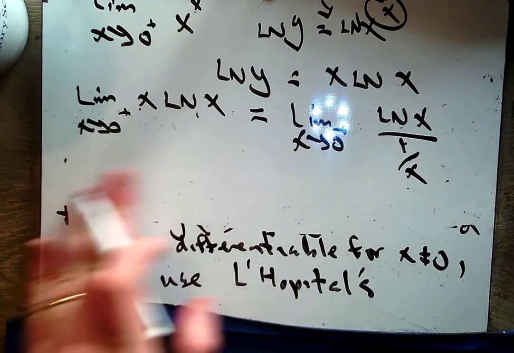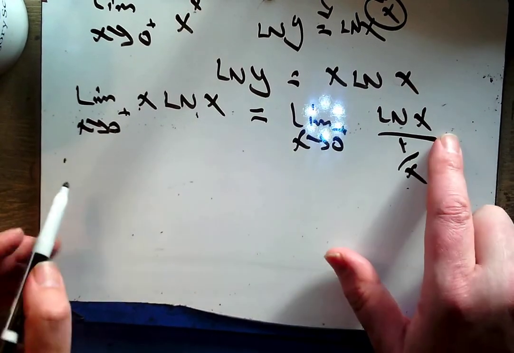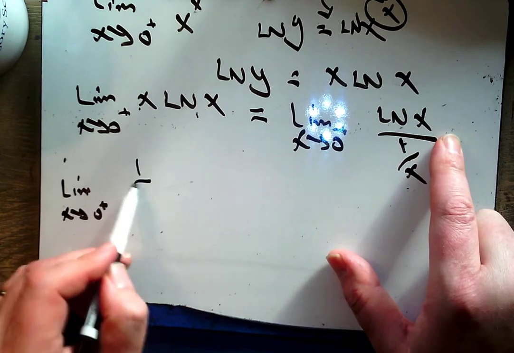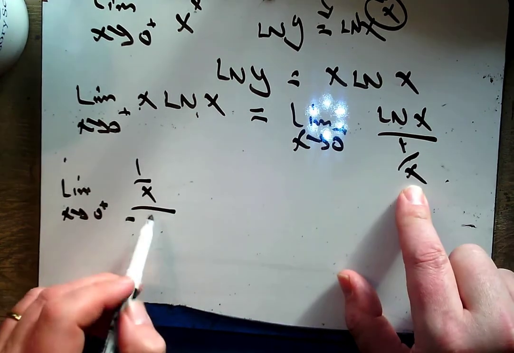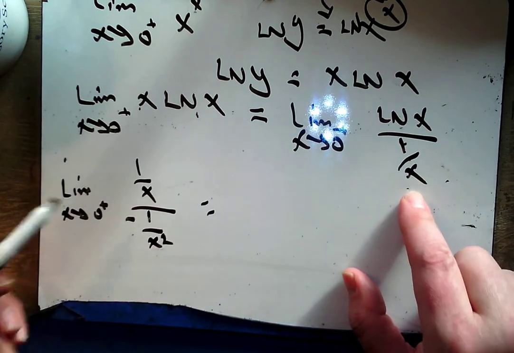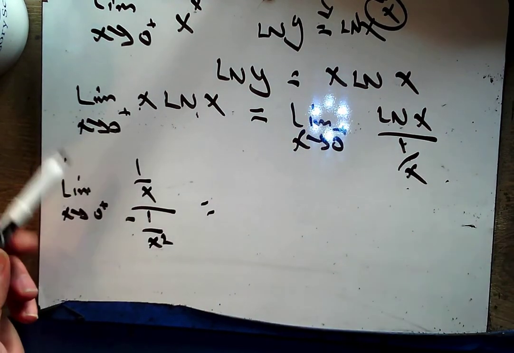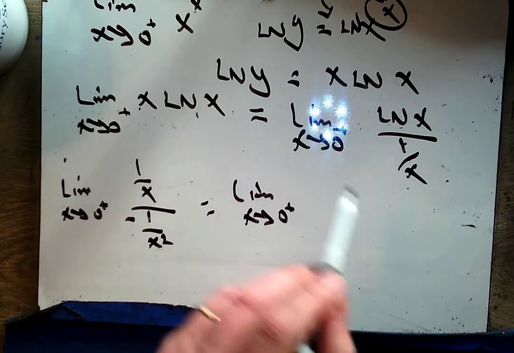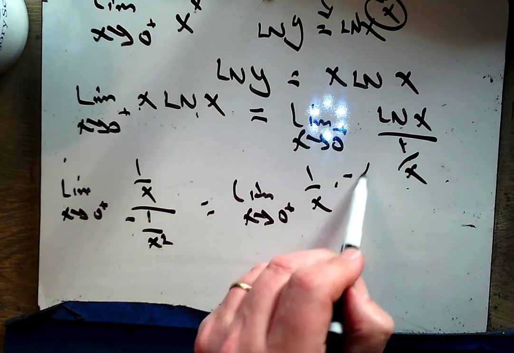What's that going to look like? That's going to look like a limit as x heads to 0 from the positive side of 1 over x over negative 1 over x squared. Putting in zeros, I still get infinity over infinity. But this is where I think, hey, what if I flip and multiply?